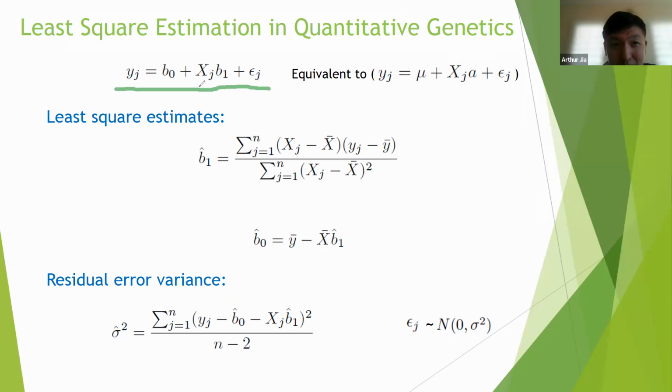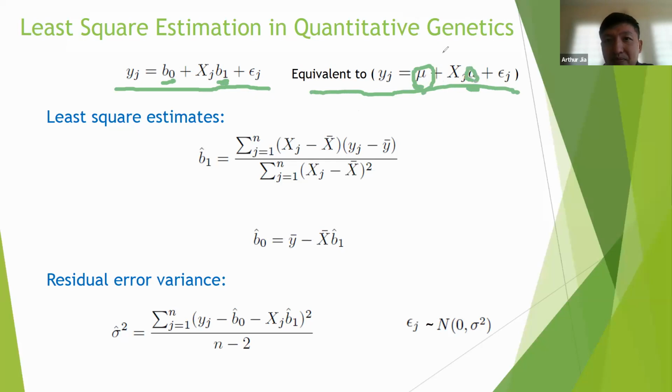That's why we only see two parameters here. B0 is the intercept, which is the mu here, and B1 is the slope. Here we use B1 in place of the additive effect. If you compare this equation to the earlier equation, they're the same, right? We have two parameters to estimate.